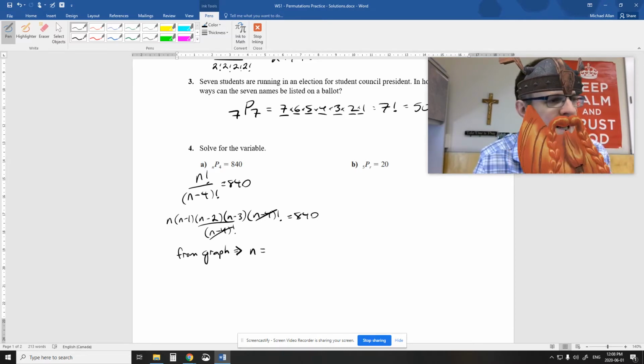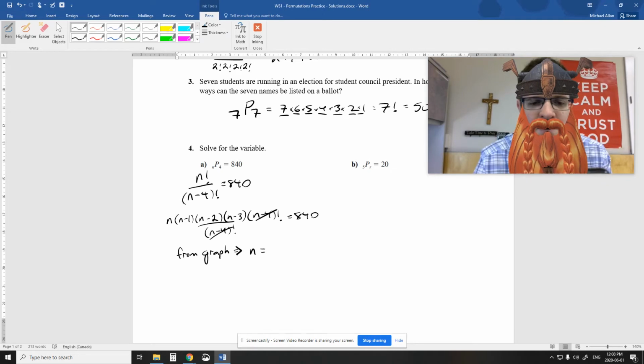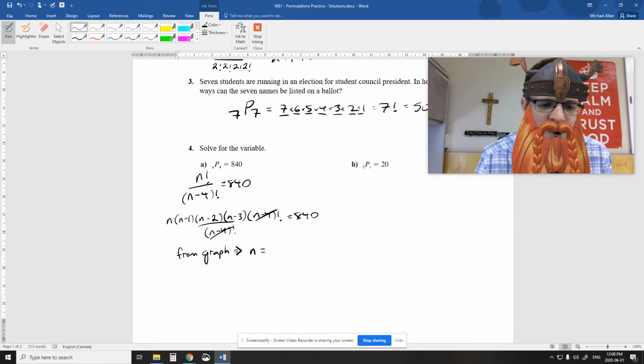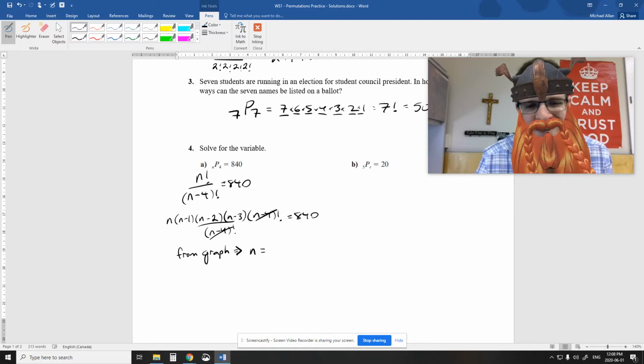So we're just using x's instead. So x minus 1, x minus 2, x minus 3. I'm going to go to 900-ish. Let's see what this graph looks like.